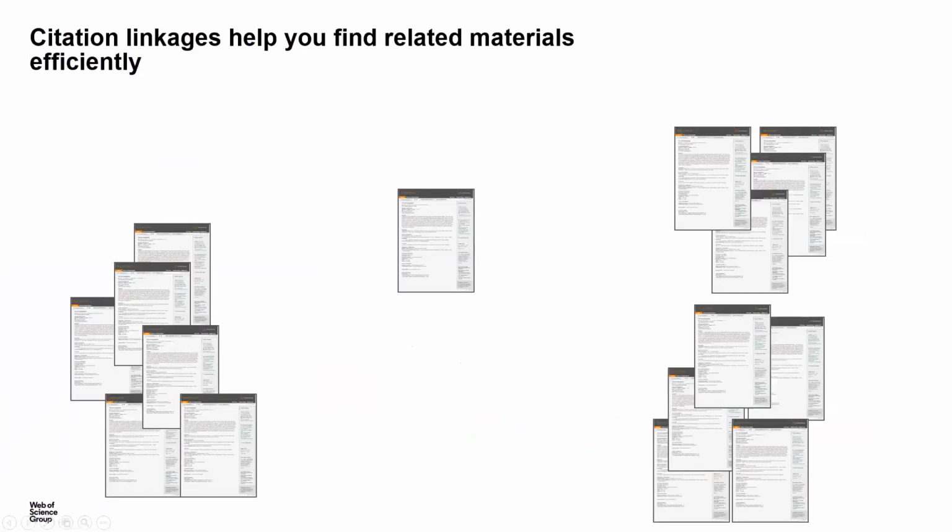So to give you a visualization of how the relationship between papers work within the Web of Science, I'm going to show you an example. Take, for example, the paper in the middle of the screen is your Eureka paper. This is the paper that sparked an idea for you, and you start exploring related content.